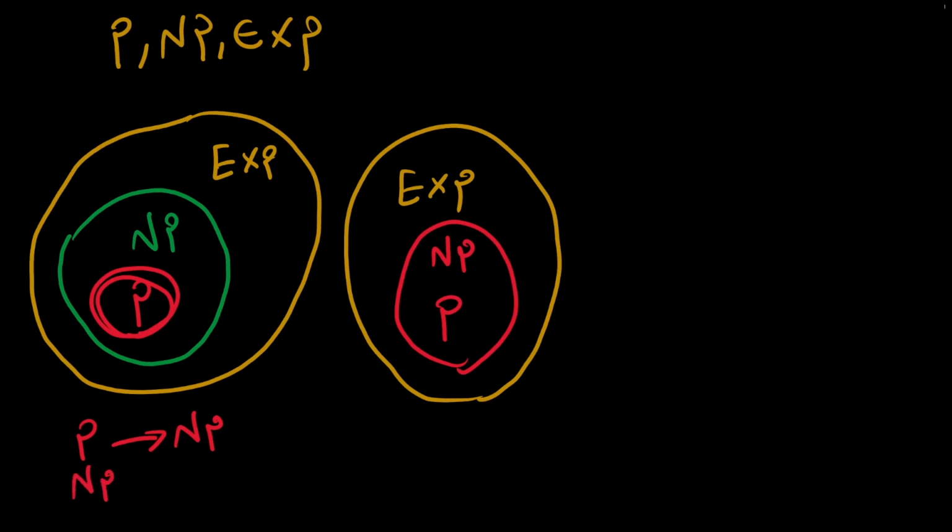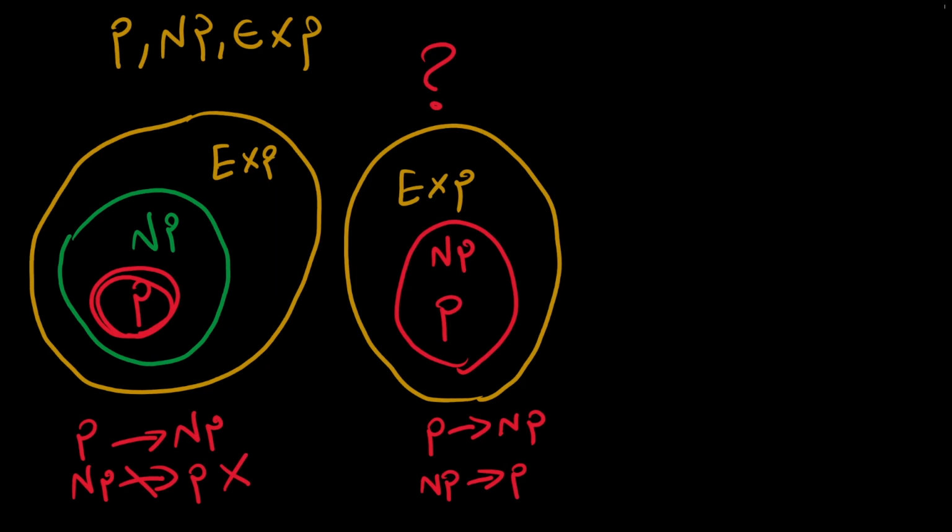But if you are NP, this does not mean you are P. We can verify you in polynomial time, but this does not mean that you can be solved in polynomial time. This diagram, however, says that if you are P, then you are NP, and if you are NP, then you are also P. But at the moment, we just don't know if this is true or not, so we don't say this.